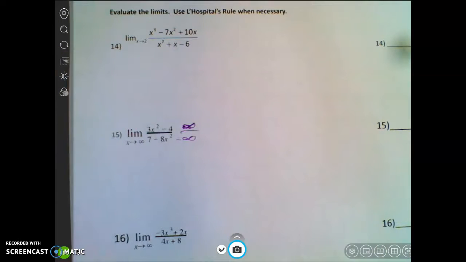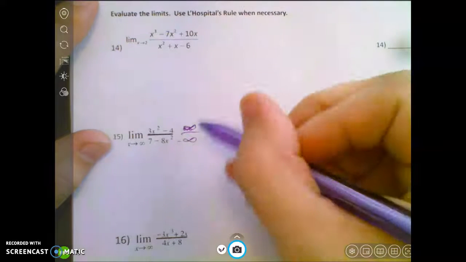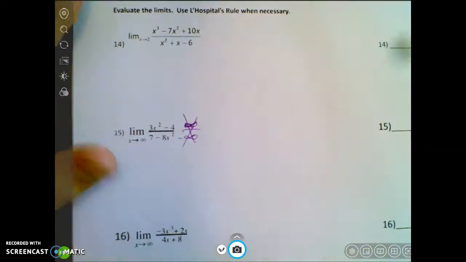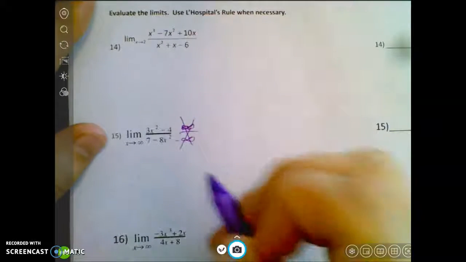What's weird is sometimes infinities approach faster than others. It's more like a speed rather than a size. So I'm not ready to commit to an answer on this because right now it looks like -1, but this is indeterminate. So this is a time when you can use L'Hopital's rule.